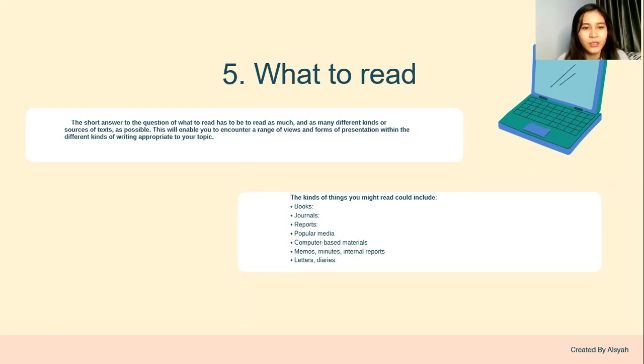This will enable you to encounter a range of views and forms of presentation within the different kinds of writing appropriate to your topic. The kind of thing you might read could include books, journals, reports, popular media, computer-based material, memos, minutes, internal reports, letters, and diaries.